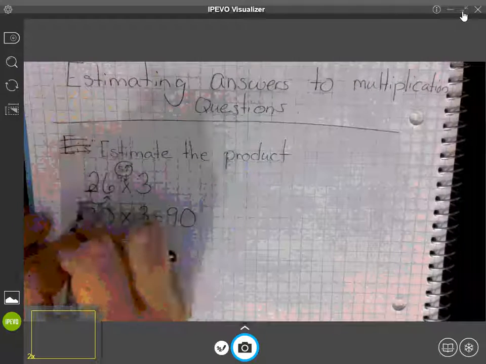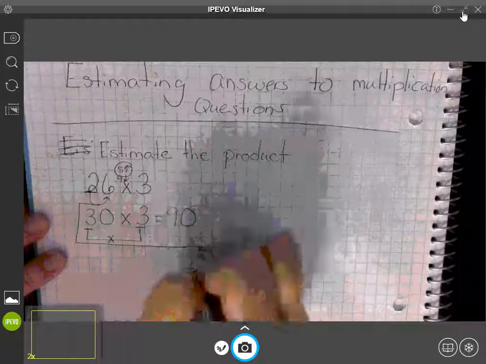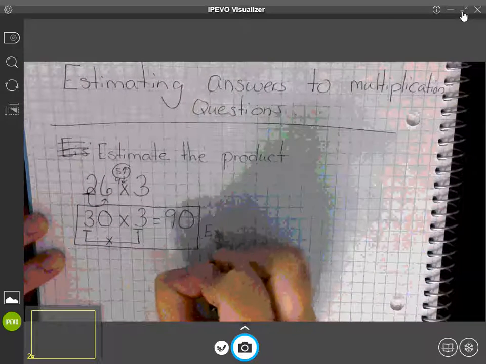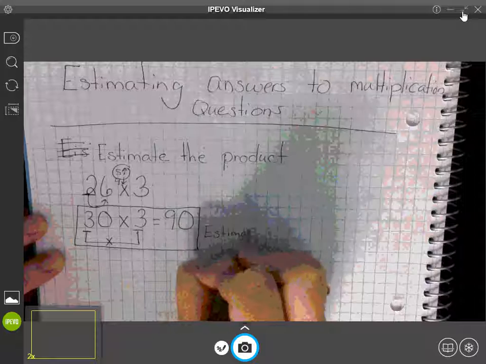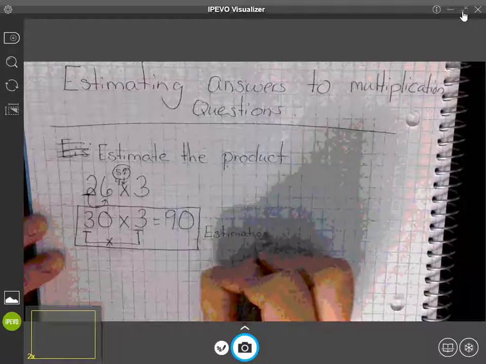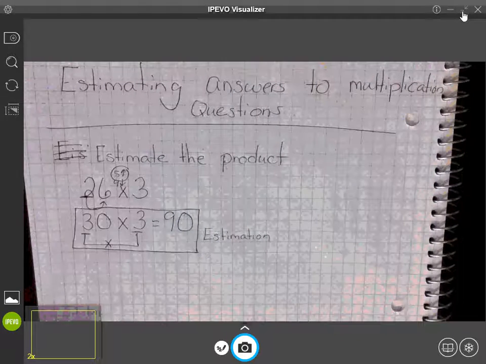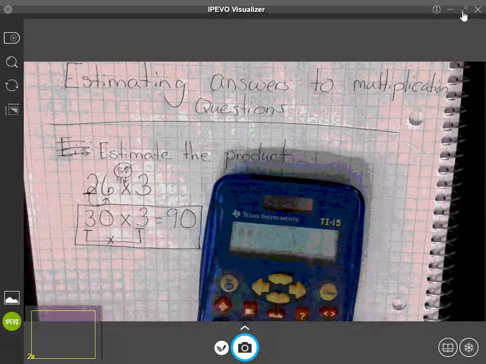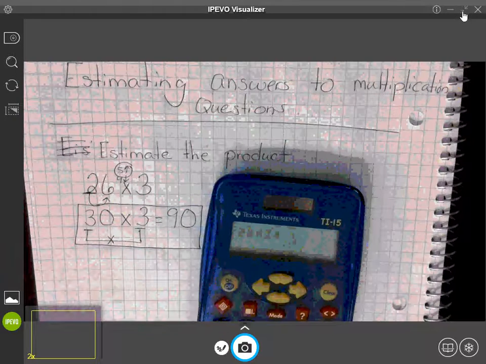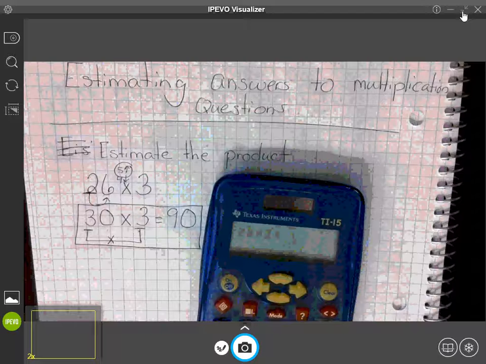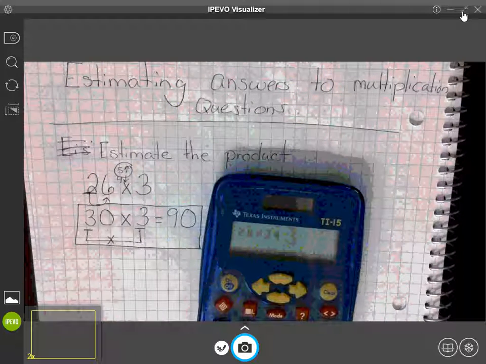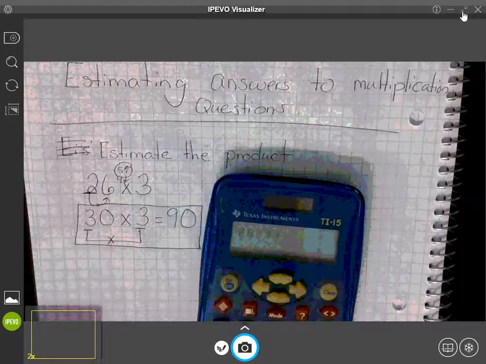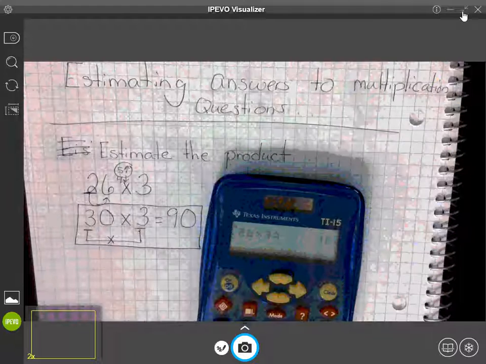Box that in. Okay? This is our estimate. Our estimation. Okay? Now, I have my calculator here, and I'm going to type in the actual equation, 26 times 3, and let's see what we get as the actual answer and see if our estimation's close. 78.